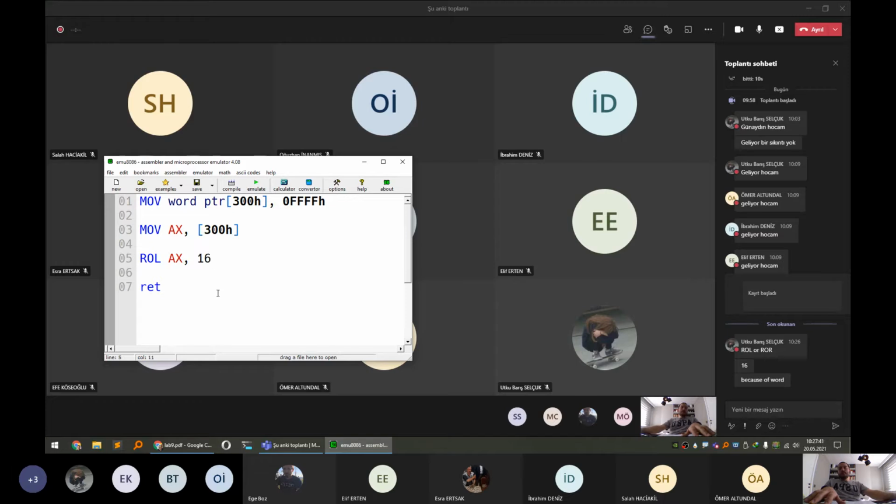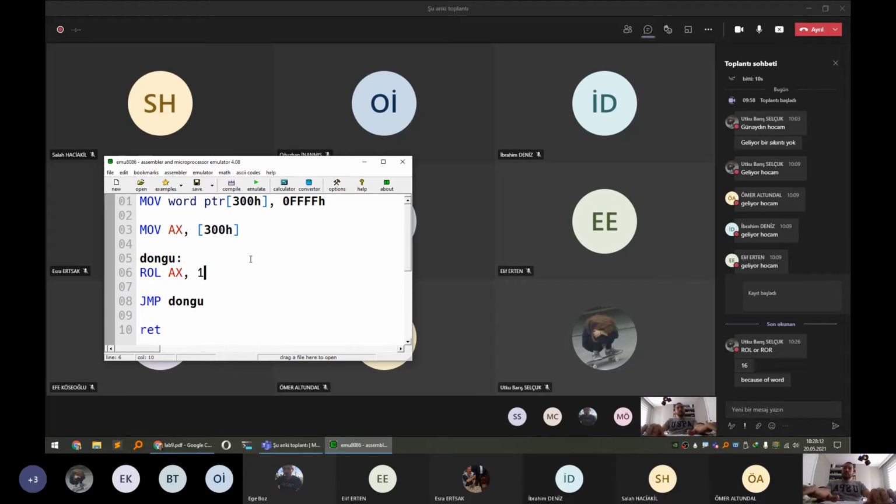Okay, I can rotate 16 times directly like this, but this is a single line and I need to count the ones. So I need to do this rotation within a loop. Okay. Let's create a loop by a keyword and some unconditional jumps for now.